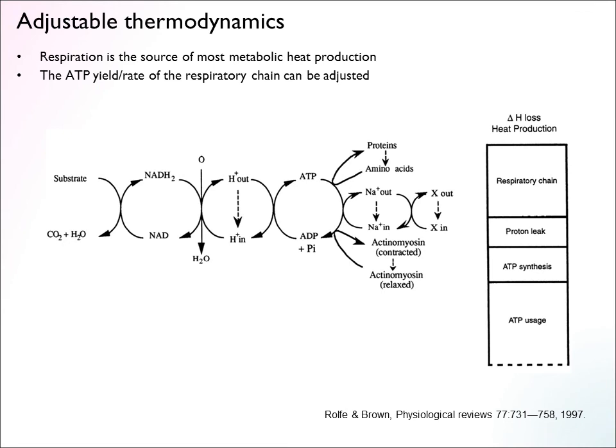And that we talked about before, this energetic phenomenon that the yield of ATP also affects the rate at which the process goes. So this is a trade-off, yield versus rate. And so mitochondria can actually adjust this trade-off, whereas a process like glycolysis, which has a fixed stoichiometry, cannot do that.